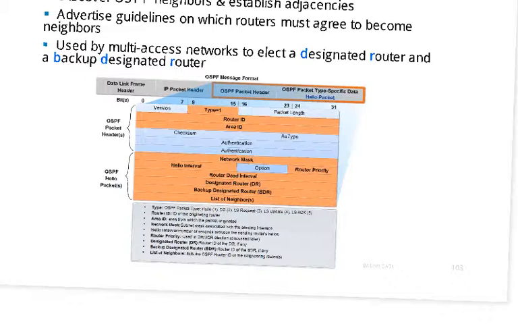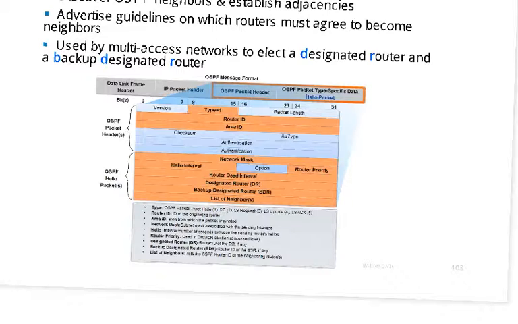The main reason for the area here is that if you have to propagate this message further, the limit has to be the area. It should not go outside of the area. Okay? And you have some checksum and authentication which are used for security and as transport layer address exchange.